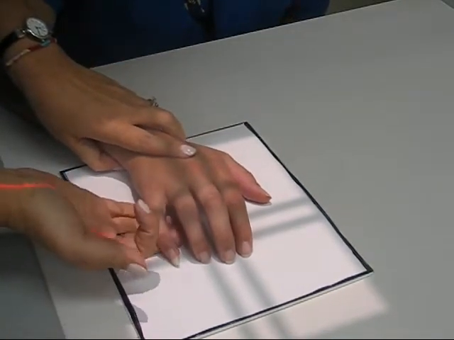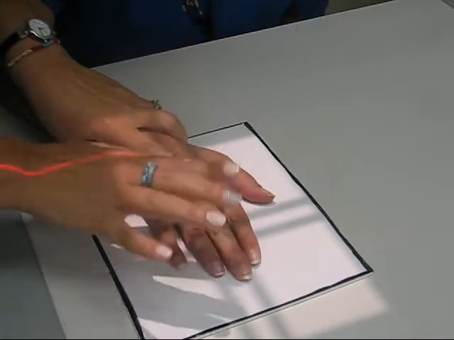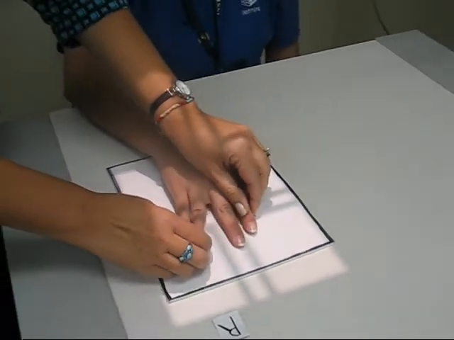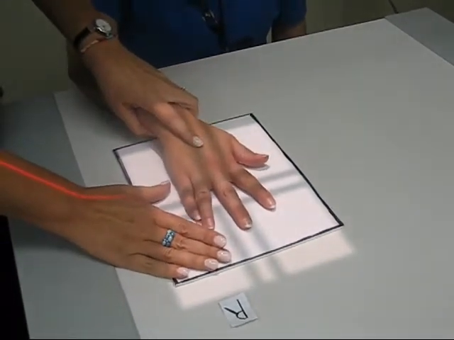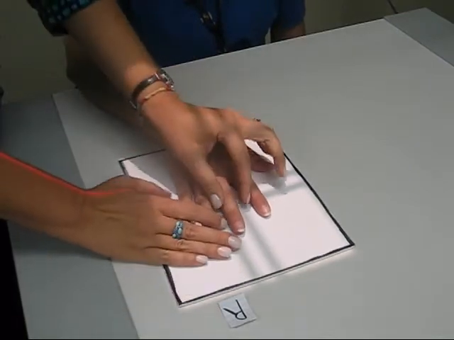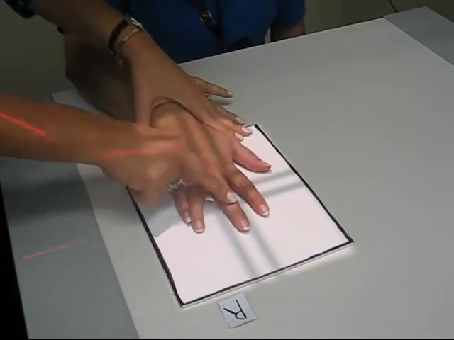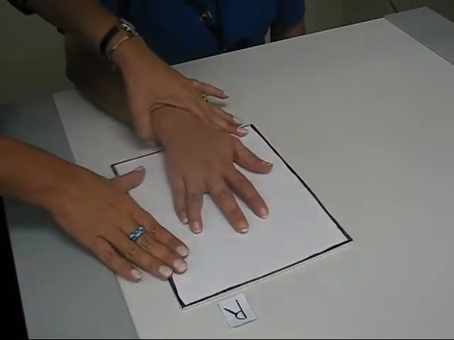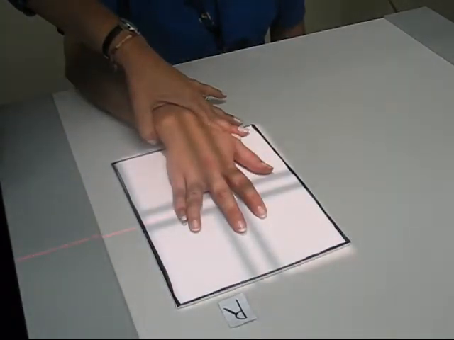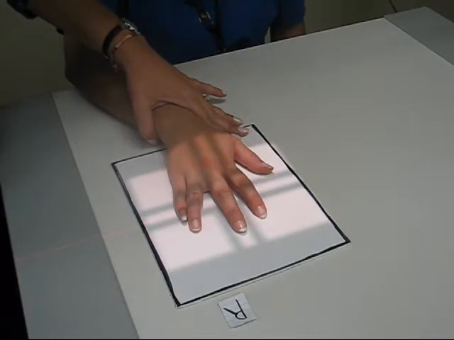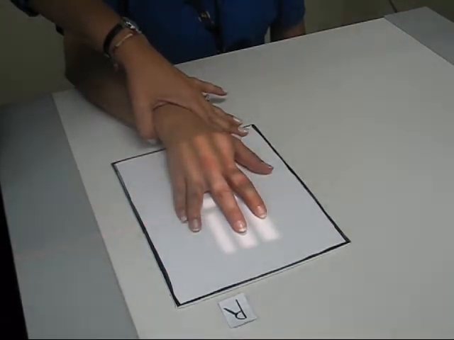Projection of the fingers. Say you're doing an AP projection of the middle finger. We're going to isolate the middle finger as the finger of interest, for example. So you're going to put the central ray alongside the long axis of the middle finger, and you're going to collimate to the entire finger.